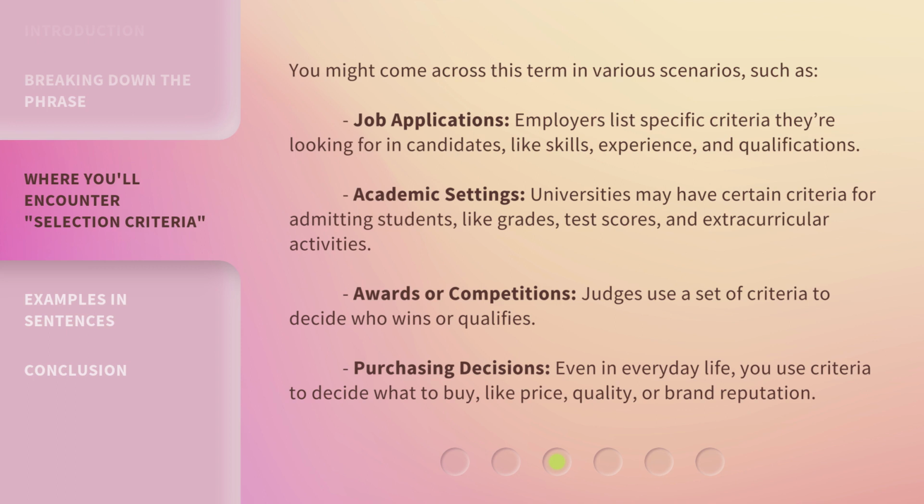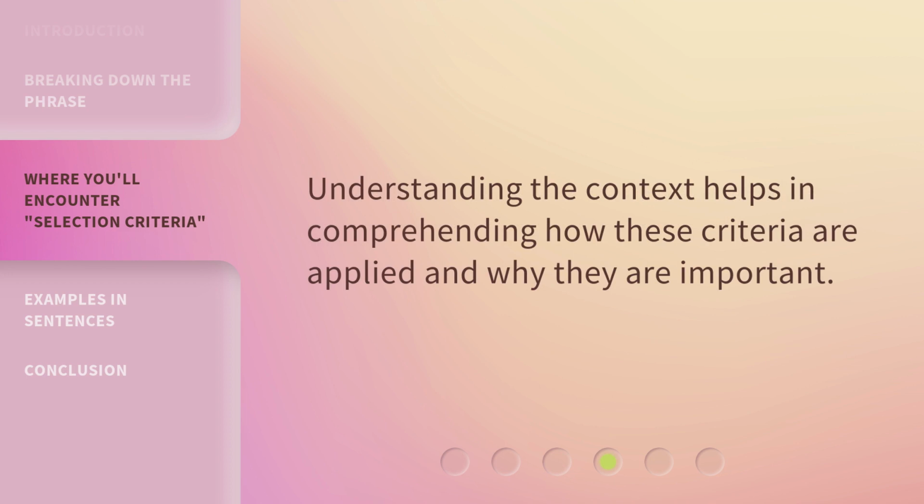Awards or competitions. Judges use a set of criteria to decide who wins or qualifies. Purchasing decisions. Even in everyday life, you use criteria to decide what to buy, like price, quality, or brand reputation. Understanding the context helps in comprehending how these criteria are applied and why they are important.